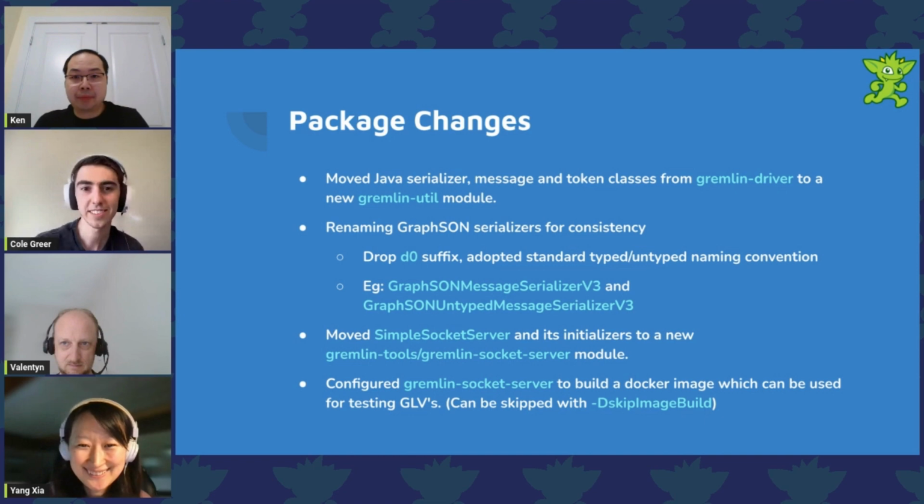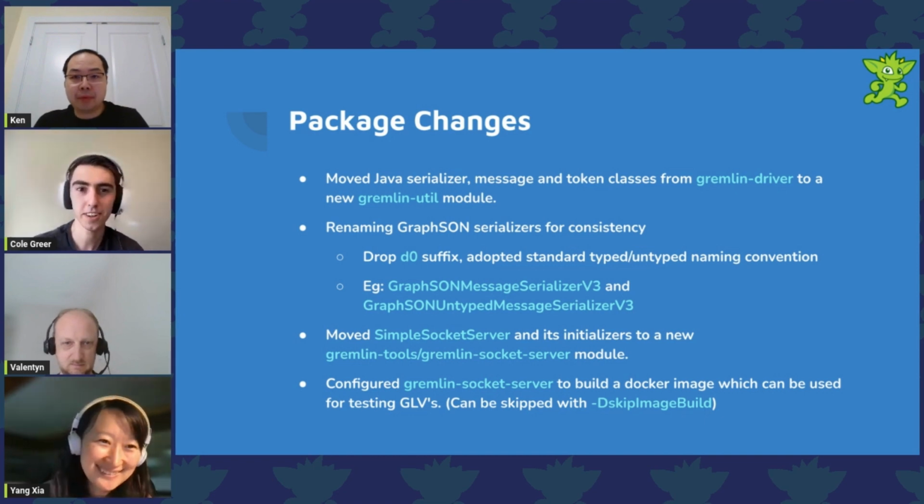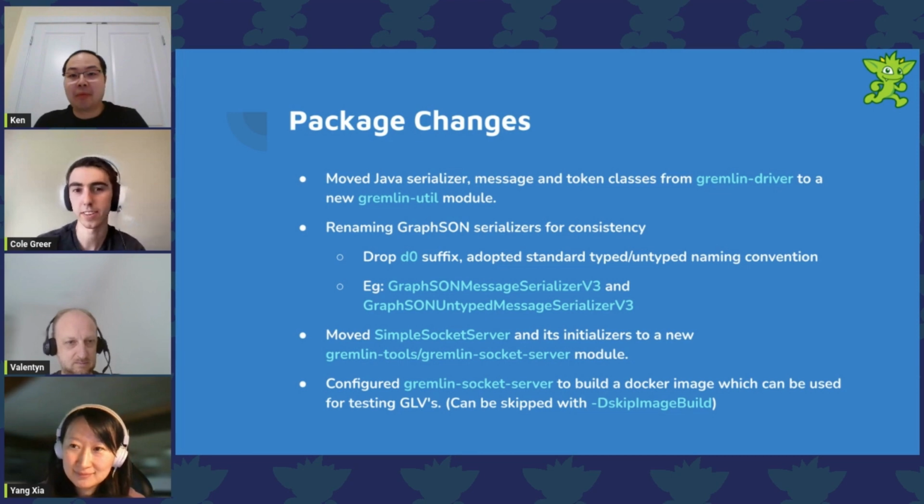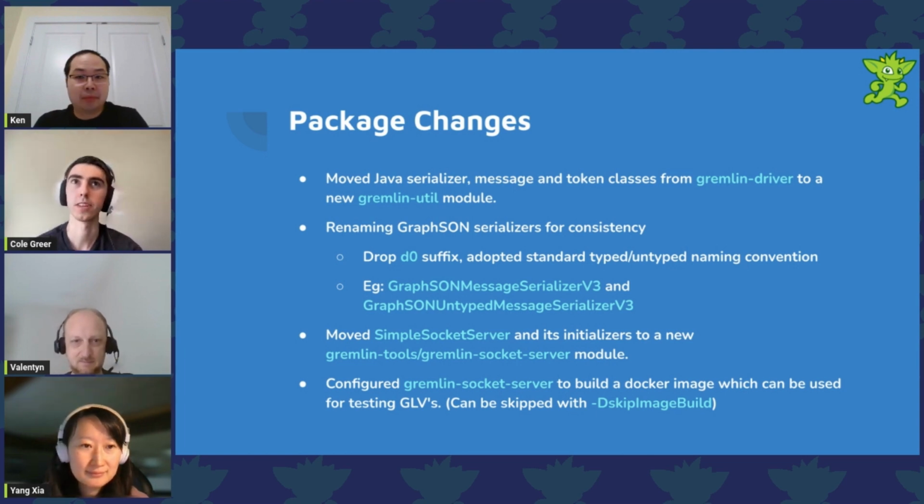Yeah, thanks, Yang. So the first thing I want to talk about today is some changes to the packaging in 3.7. The first one is that all the Java serializers, message classes, and token classes that were formerly in Gremlin driver have been moved to a new module called Gremlin util. The reason for this is that these are all classes shared by both the server and the driver.